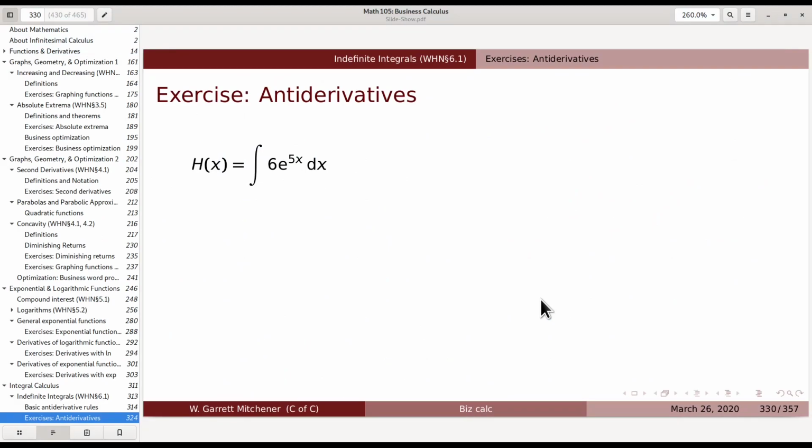Okay, let's try this one. H of x is the indefinite integral of 6 times e to the 5x. Take a moment and try to do this one.